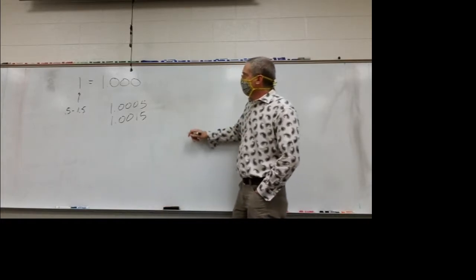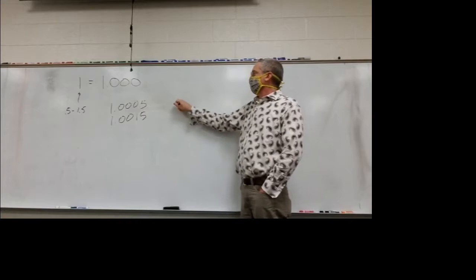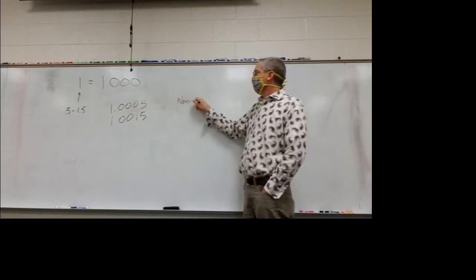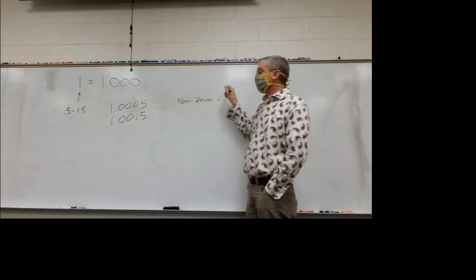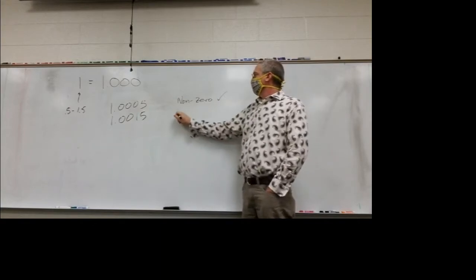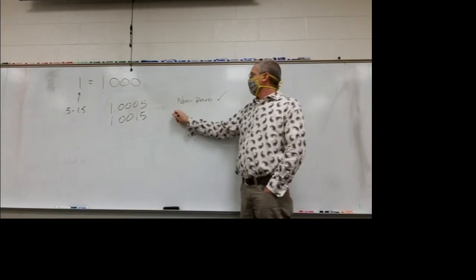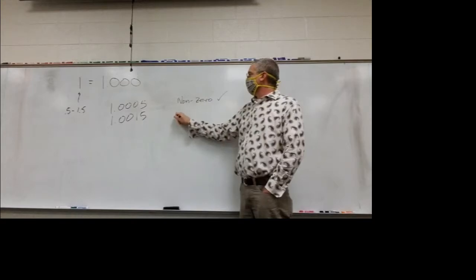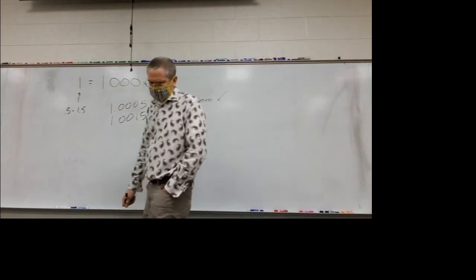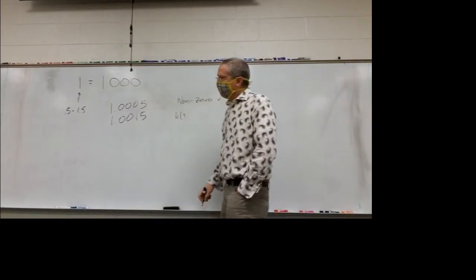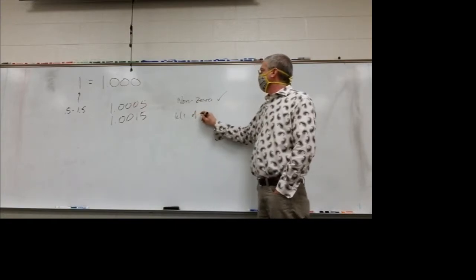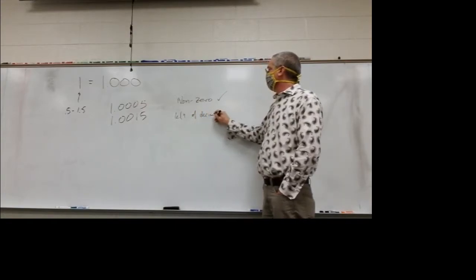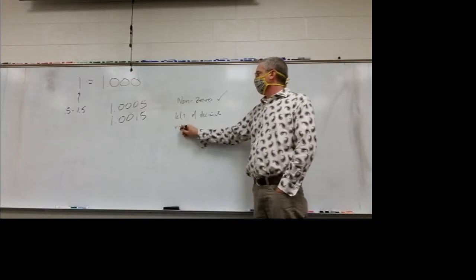To determine the number of significant figures, well, any non-zero number is significant. Check. And then it breaks down to left of decimal point, right of decimal point, two different rules.